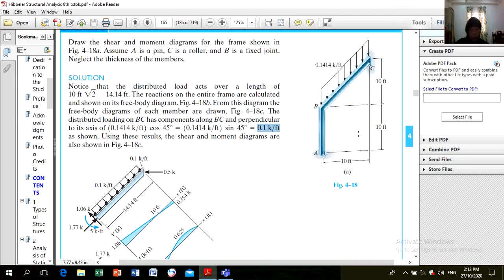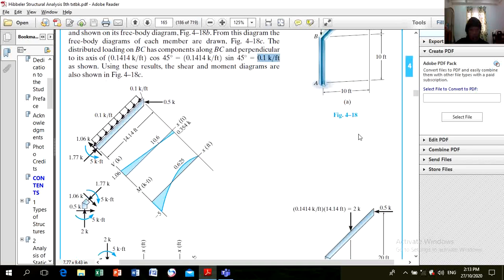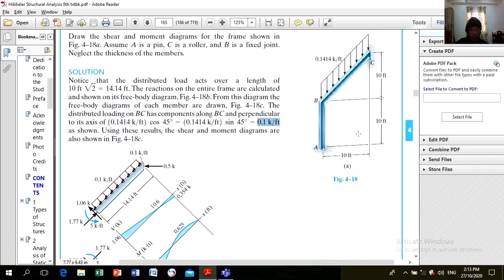Before you proceed, you can determine first the reactions. A is pin, so you have x and y reaction. C is roller, so the reaction is perpendicular at point C.